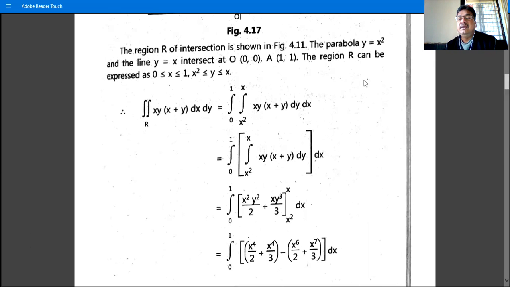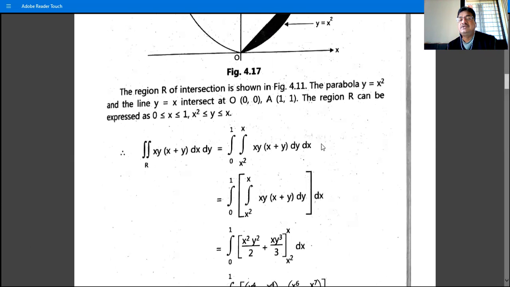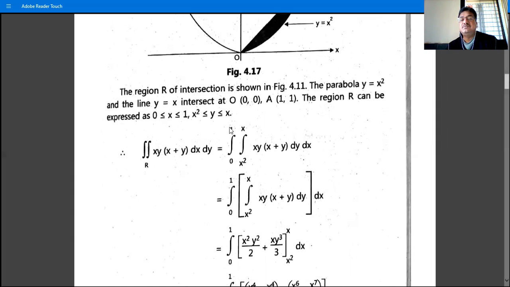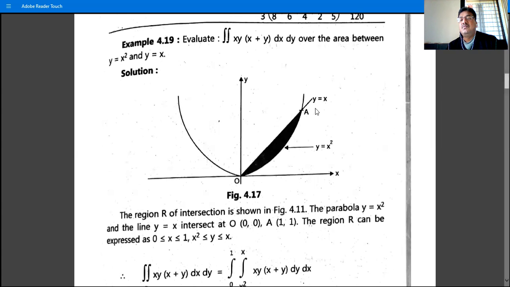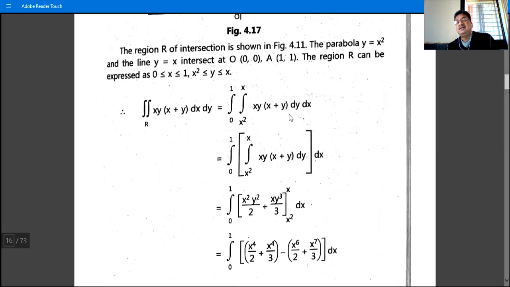The double integration has y running from 0 to 1, and x runs from y to root y, of x into y, x plus y, dx dy.